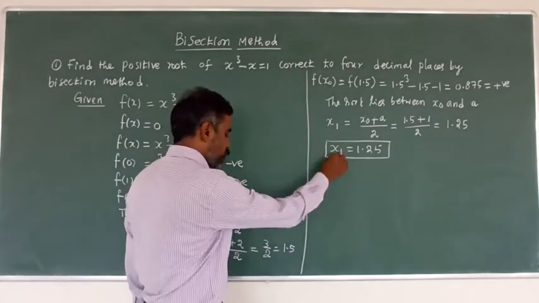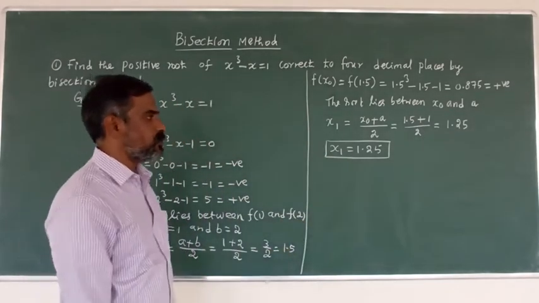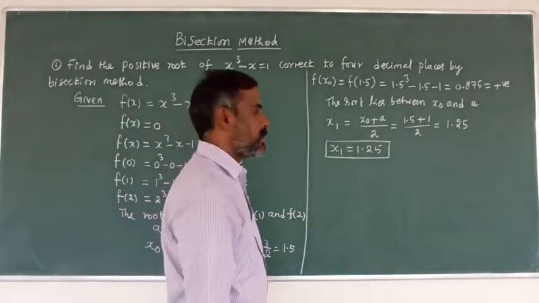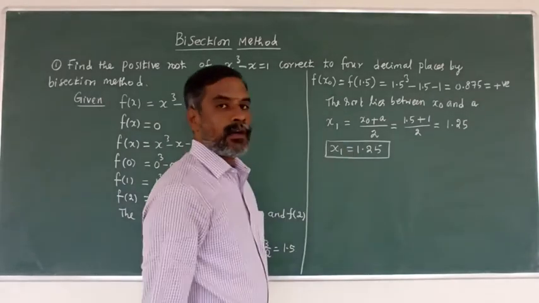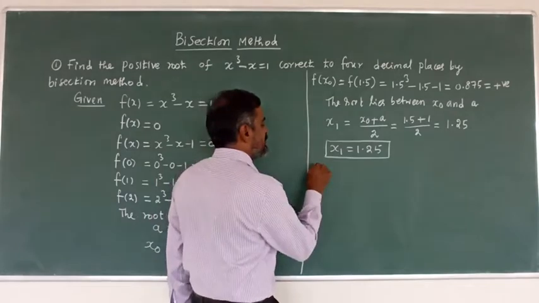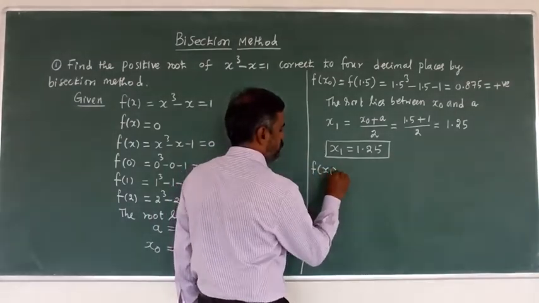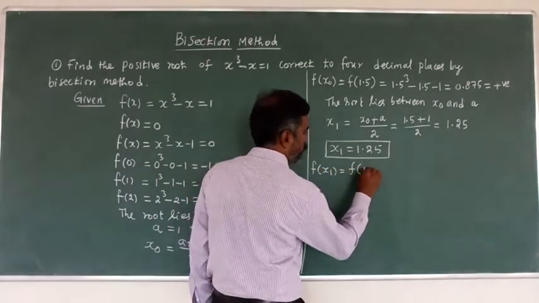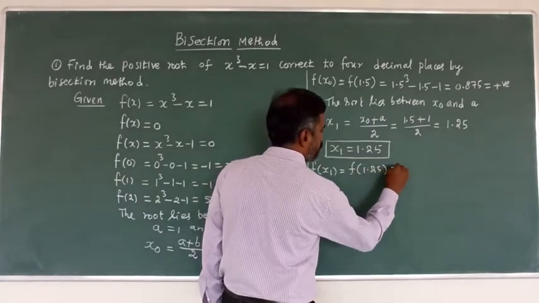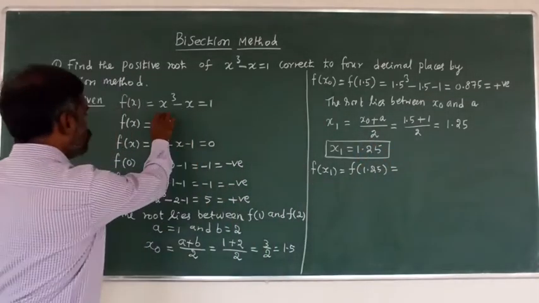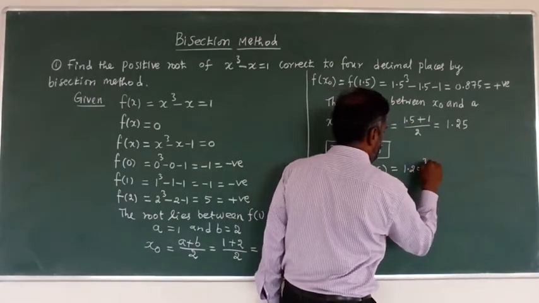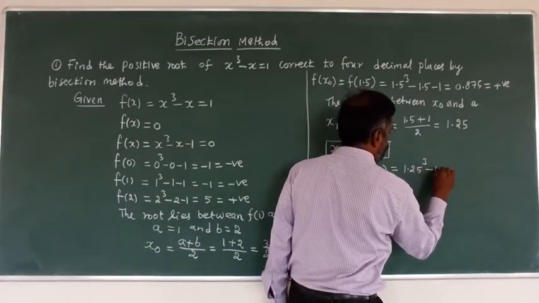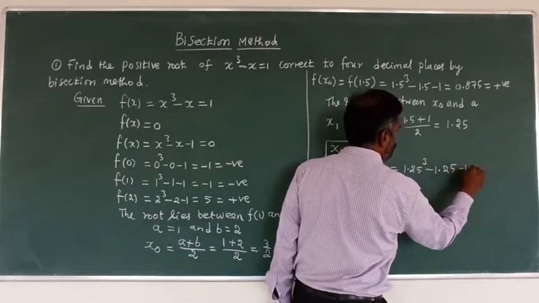Okay. Now the results are not the same, so we have to do another iteration. Before that, check whether the x1 value is positive or negative. F of x1 equals f of 1.25 equals 1.25 cube minus 1.25 minus 1.